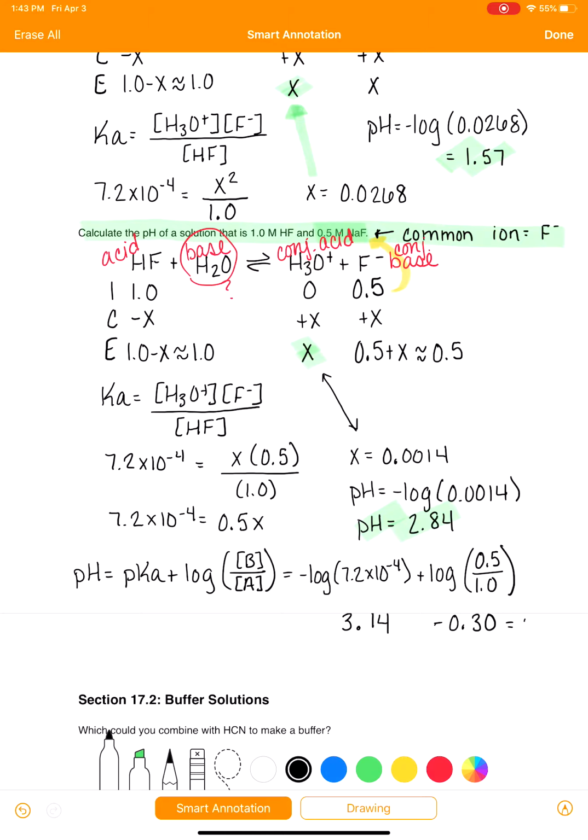This comes out to 2.84. Perfect. So again, you can use either an ice table and this method that you already know from chapter 16, or you can use Henderson-Hasselbalch, which is clearly a lot faster, but sometimes it's more comfortable to just use the methods that you already know.